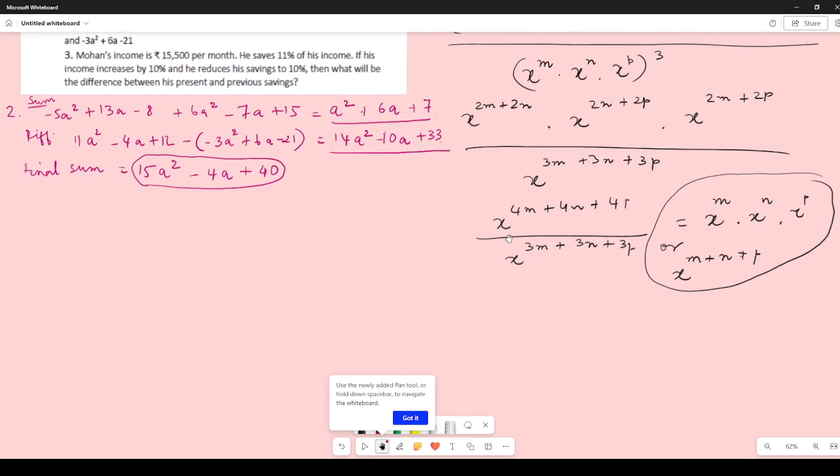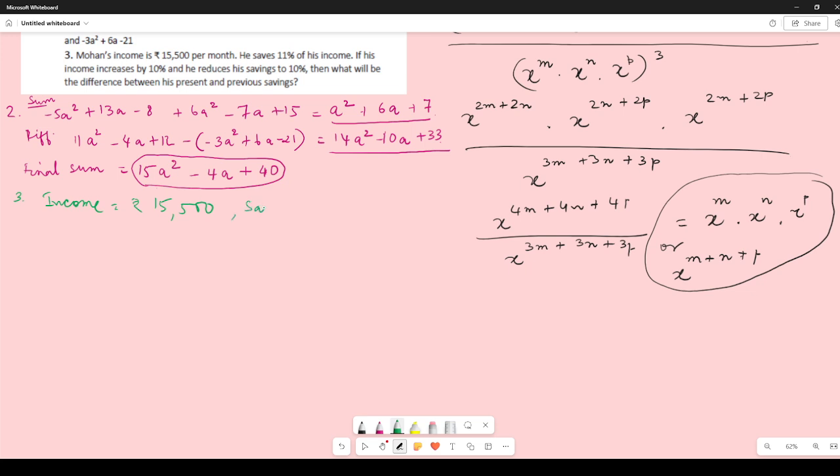Mohan's income is 15,500 rupees per month. He saves 11% of his income. So let us check out what is Mohan saving. So third sum, income is equal to rupees 15,500.